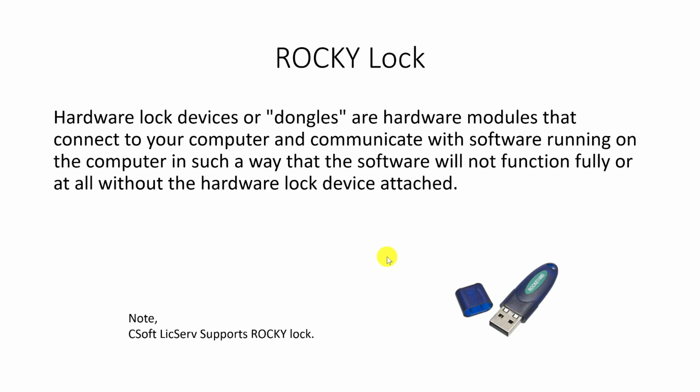Rockey lock. You can use a Rockey lock to generate or use a CSoft license. A lock is a convenient way to move your license from one system to another. So the CSoft license server supports Rockey lock, and you can use the Rockey lock to handle the CSoft license server and also the standalone license, both.